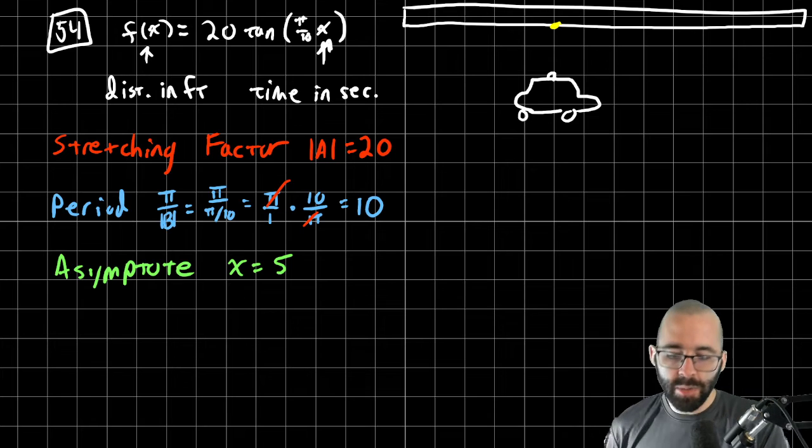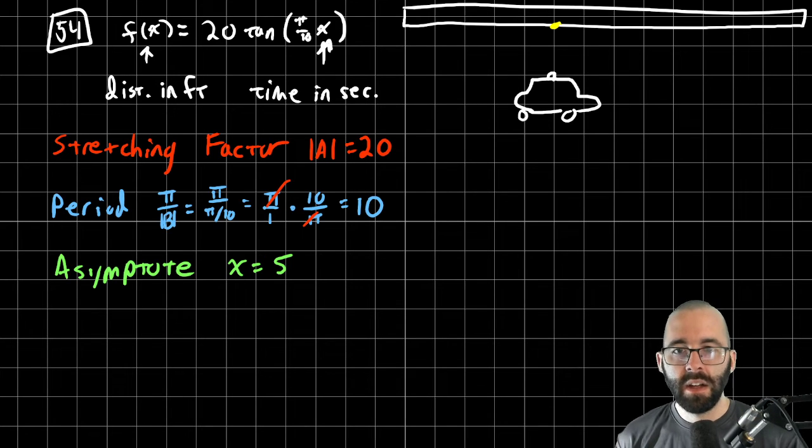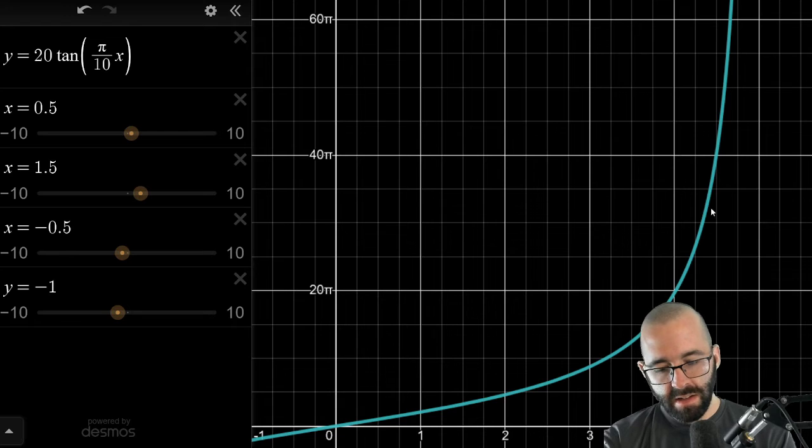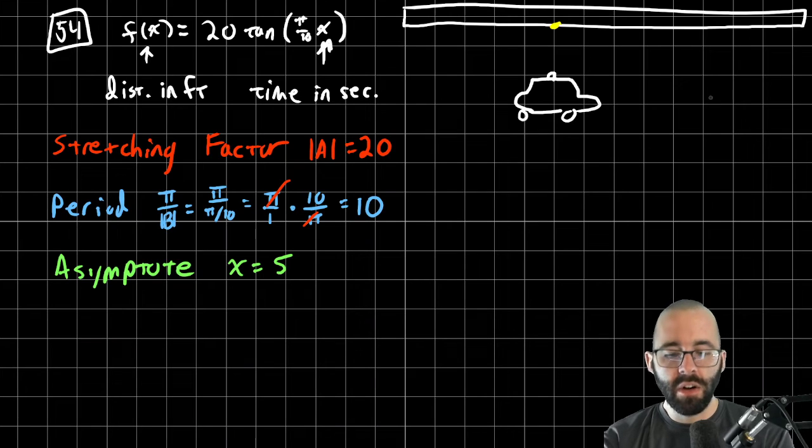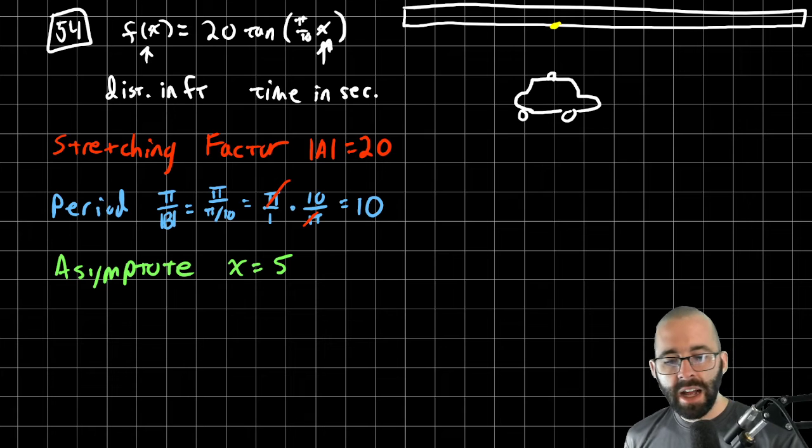So let's try to interpret each of these things now. The asymptote, what is x? X is time in seconds, which means as we get really close to 5 seconds, this light is getting so far away. As it gets really close to 5 seconds, the light is shining infinitely far away.